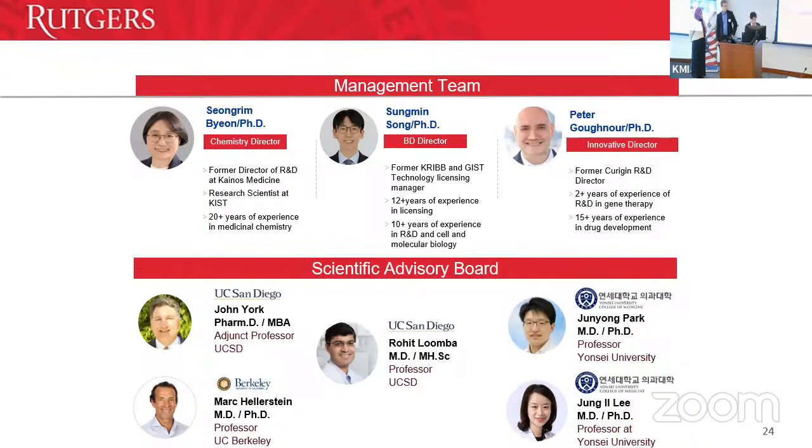For skill set, even though they have tremendous scientific expertise and background, they might need to consider bringing in industry experts, especially in development, regulatory, and commercial capabilities. And in terms of geographical considerations, as they project or hope to expand outside of Korea, it might be wise to onboard some foreigners to help with that process.